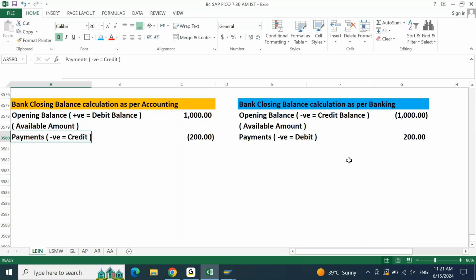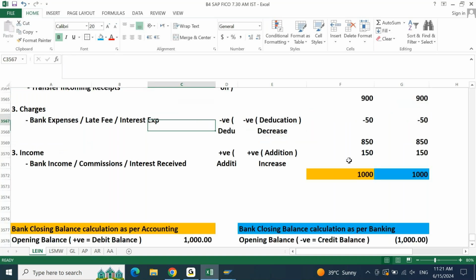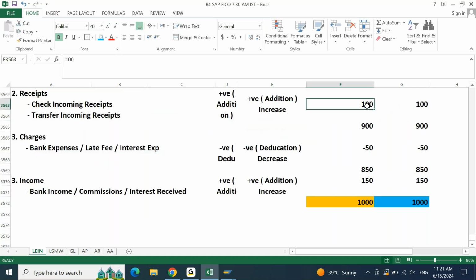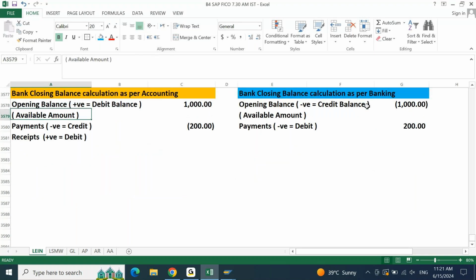After this, you have something called receipts. Receipts we understood is a plus. You are going to add it. Positive according to accounting means debit. You are going to debit this positive. Now the receipt we have listed is 100. I am going to write 100 here.